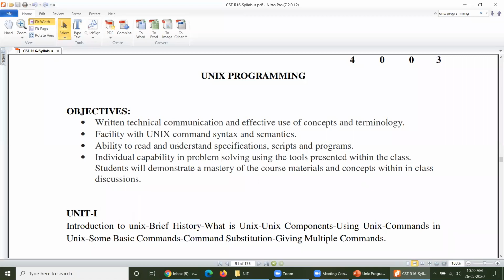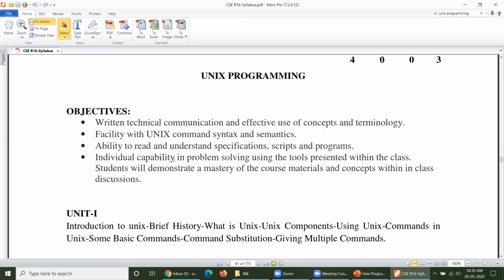And the second objective is, technically speaking, how the operating system works and what the different kinds of operating system primitives that you study in the operating system course are, which will come to reality using this course, that is Unix programming.